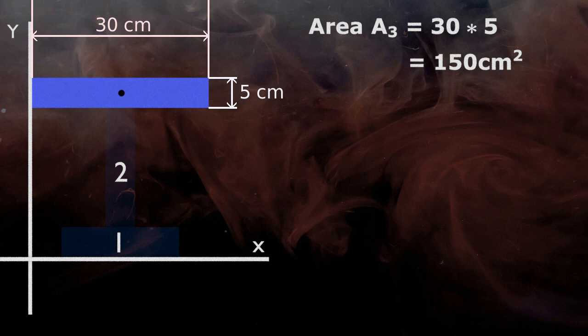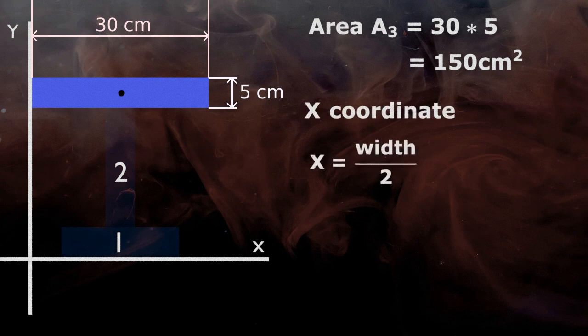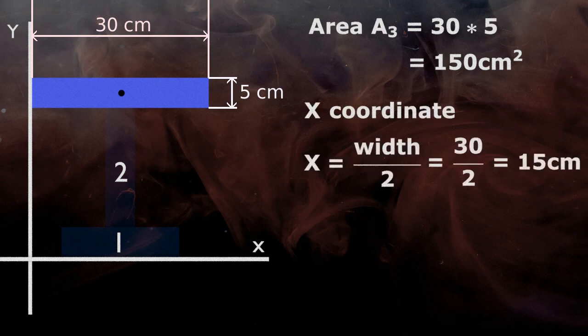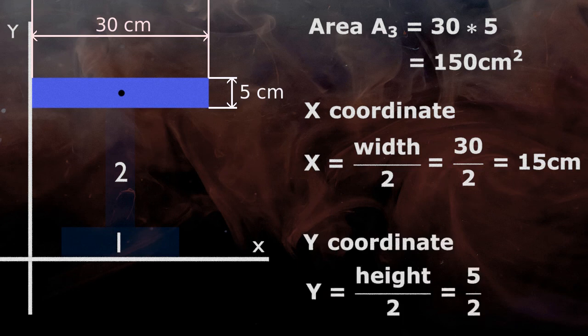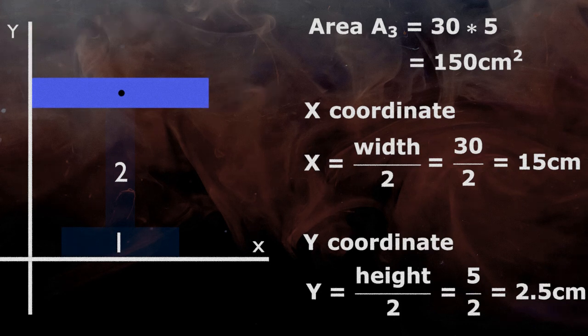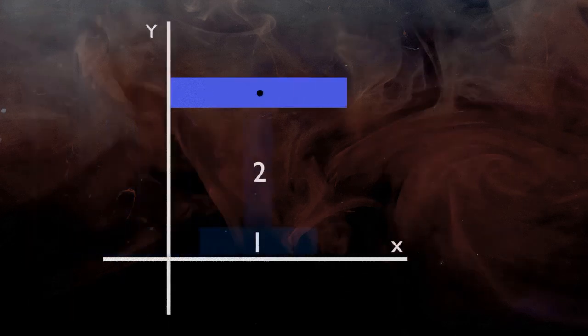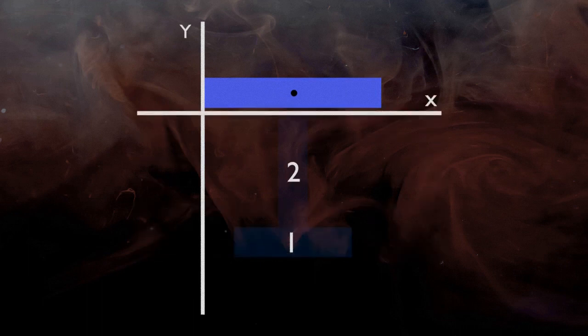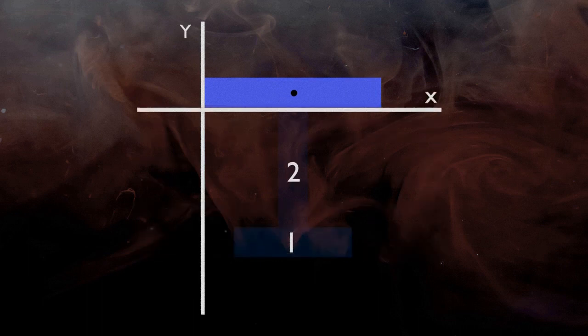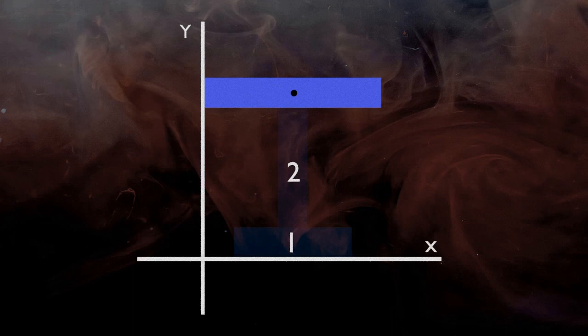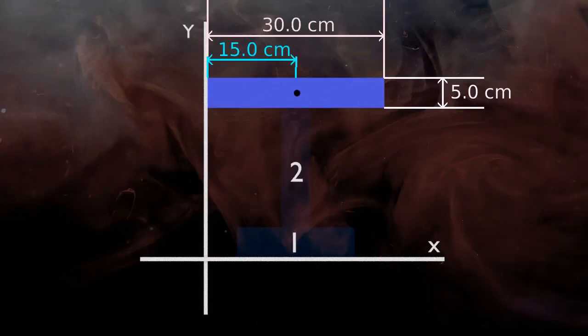To find the x and y coordinates, in general, the coordinates are width by 2, that is 30 by 2 equals 15 cm, and height by 2, that is 5 by 2 equals 2.5 cm. Again, these individual coordinates of the rectangle are for this location of the x and y axis, but the reference axes are some distance away.